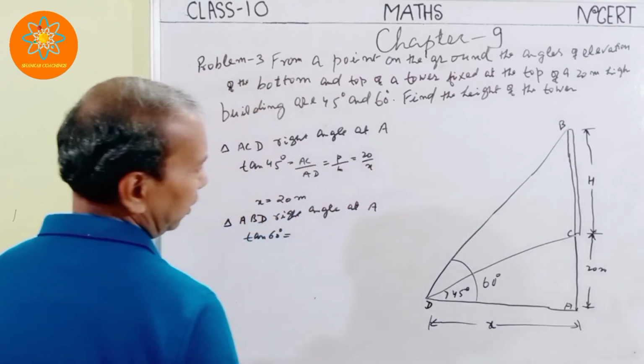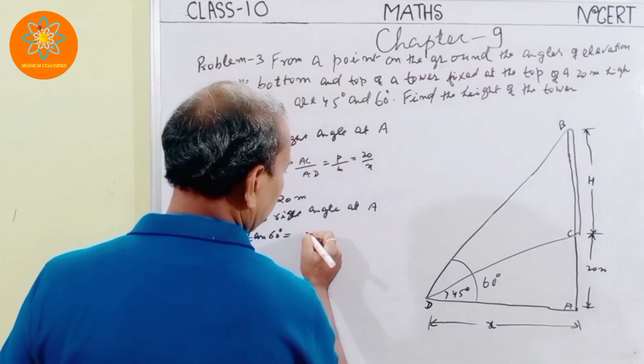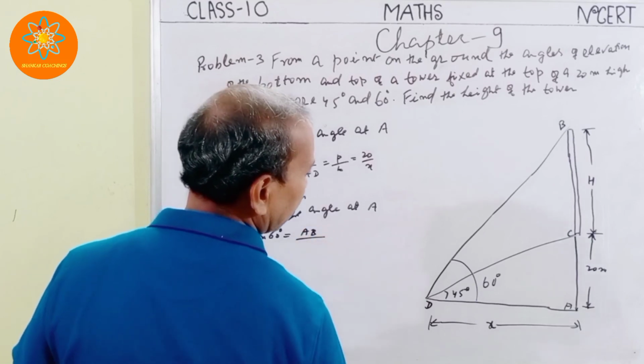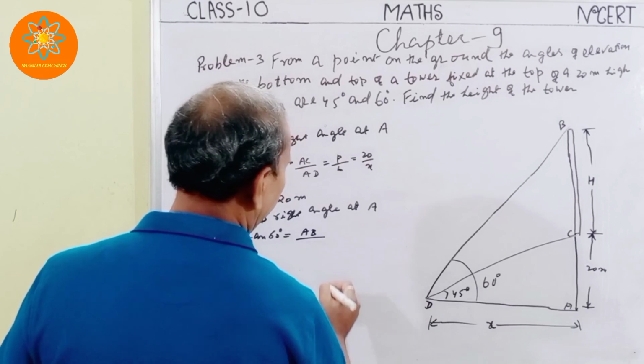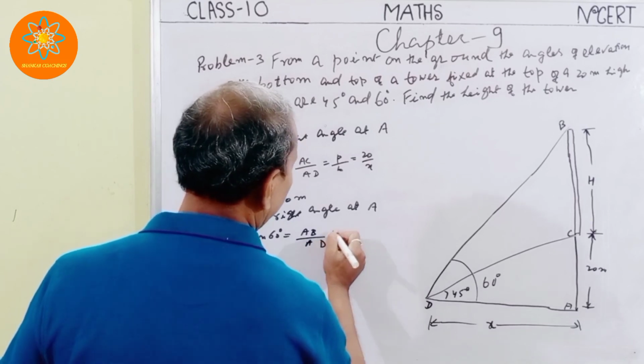Tan 60 degree is equal to AB divided by AD.